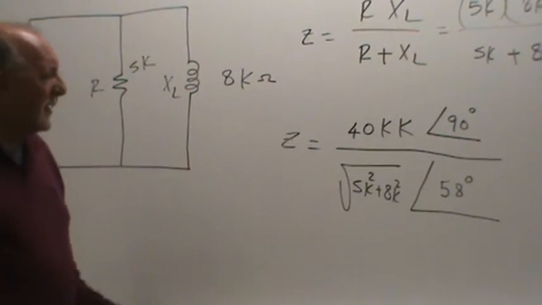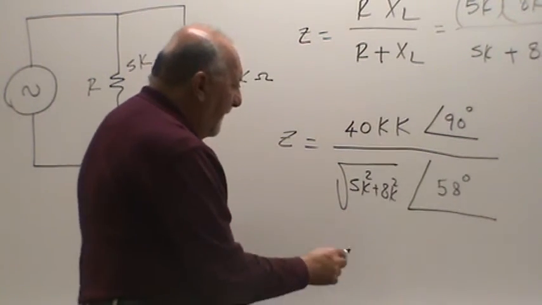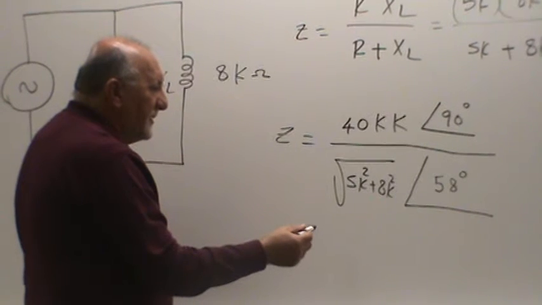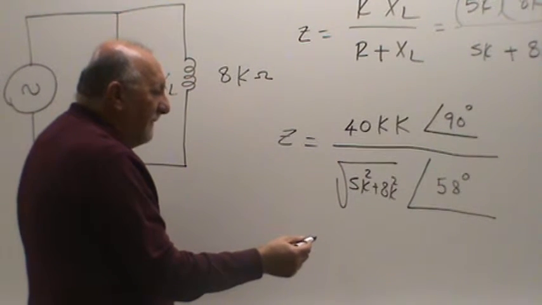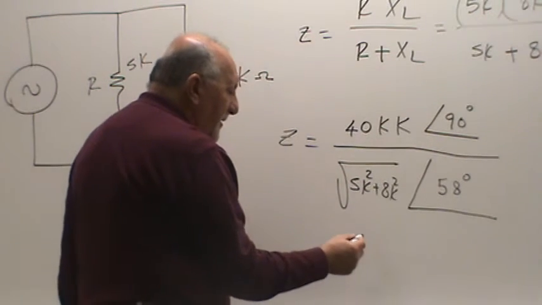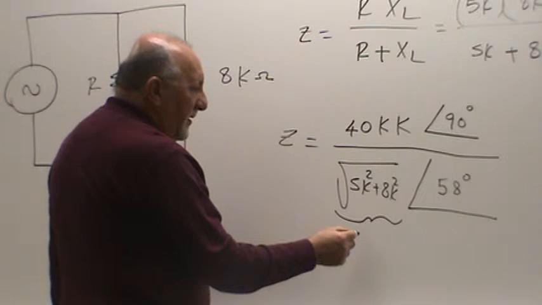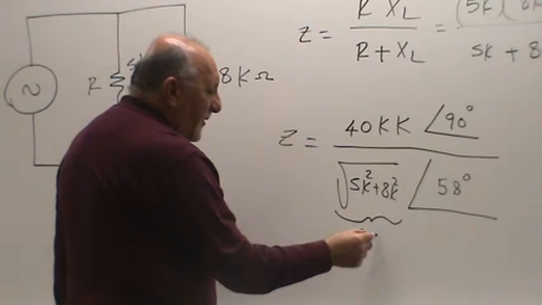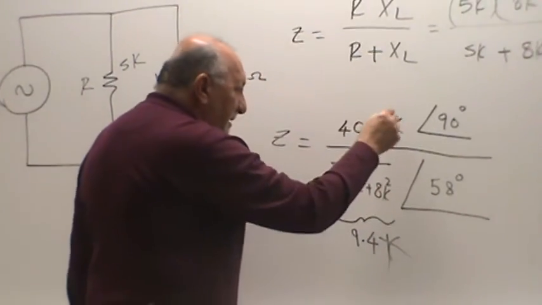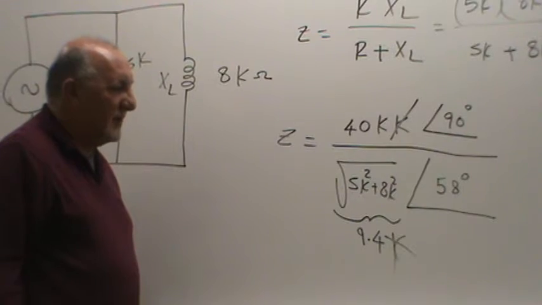So now, what is this one here? What's 5 squared plus 8 squared? Just keep it in terms of K. 25 plus 64, how much is that? 9.4K. Well, this K cancels out, the Ks cancel right away.